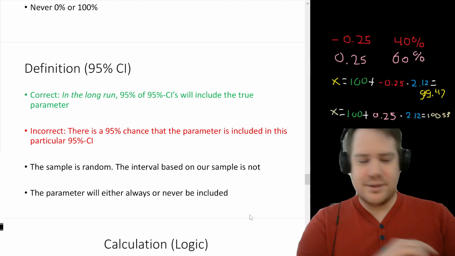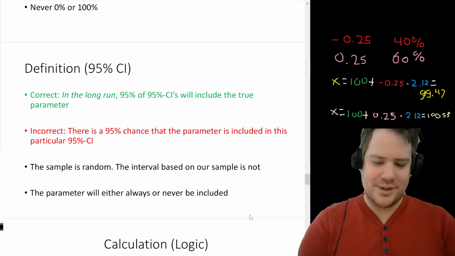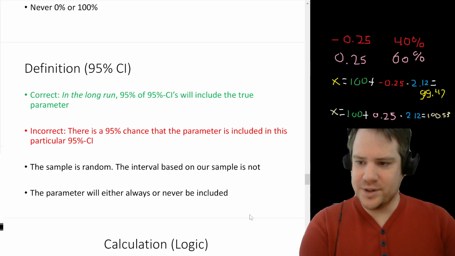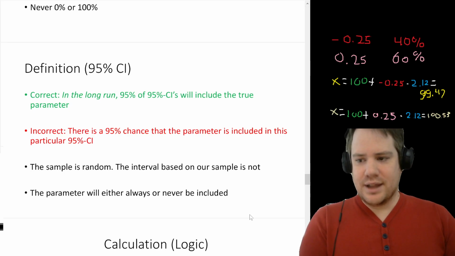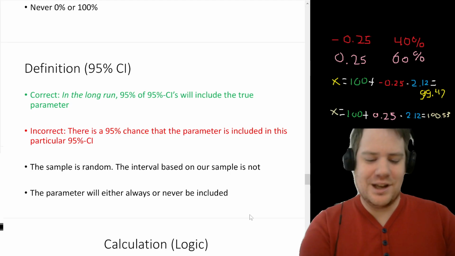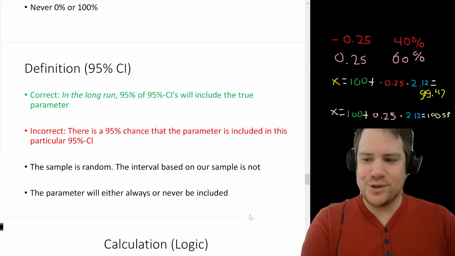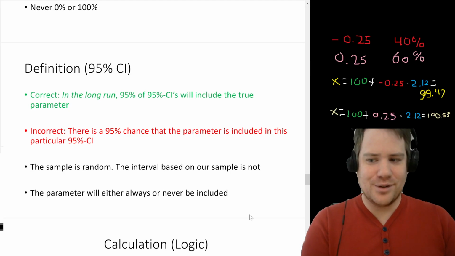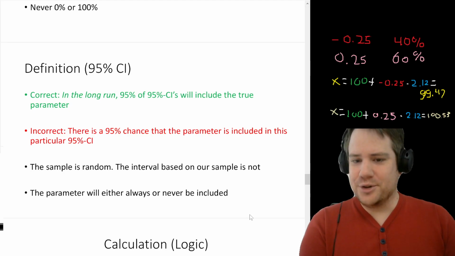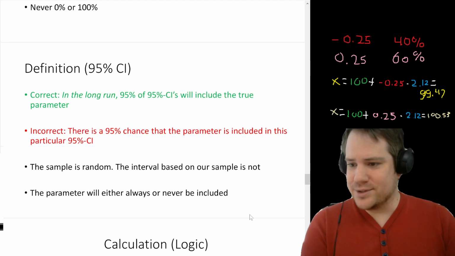and I give all of you exactly the same data set, and then ask you to calculate a confidence interval, then, assuming everyone calculated it correctly, either all of you will include the parameter or all of you will not include the parameter, because it all depends on the sample that I have given you.